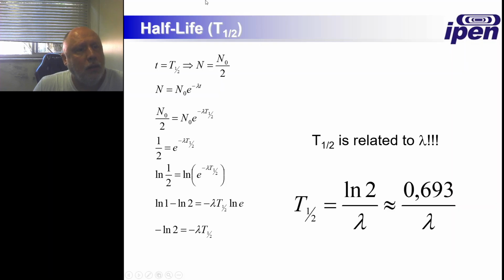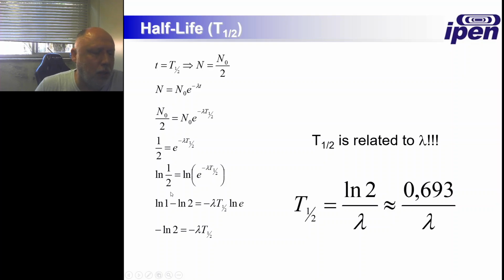Okay, then let's define half-life. The half-life is the time it takes for the number of particles to get to half of it, right? If you remember this was the equation ruling the number of particles over time, after one half-life, N will become N0/2, right? And so we just do the math here, divide both sides by N0.